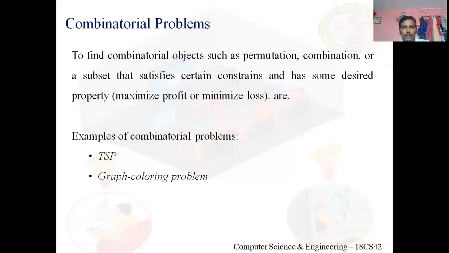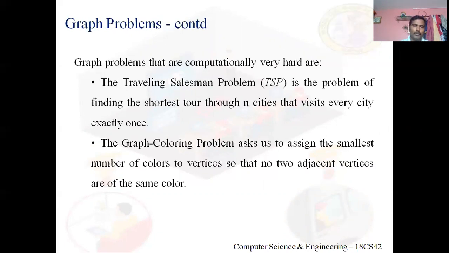The main objective of a combinatorial problem is optimization. Optimization means that in case of profit I should yield the maximum, and in case of loss I should risk the minimum.